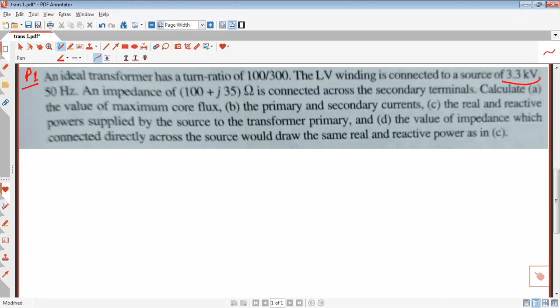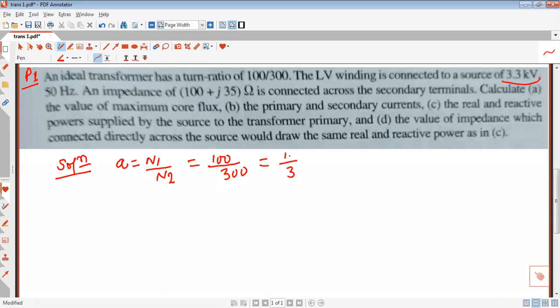Our transformer is ideal and its turn ratio is given. In the solution part, the turn ratio a is N1 by N2, which is 100 divided by 300, that is 1 by 3.